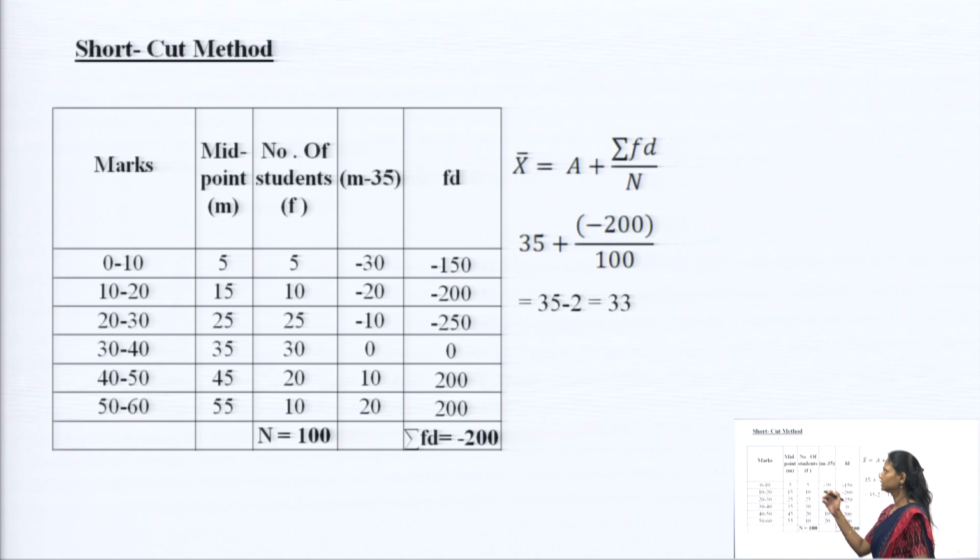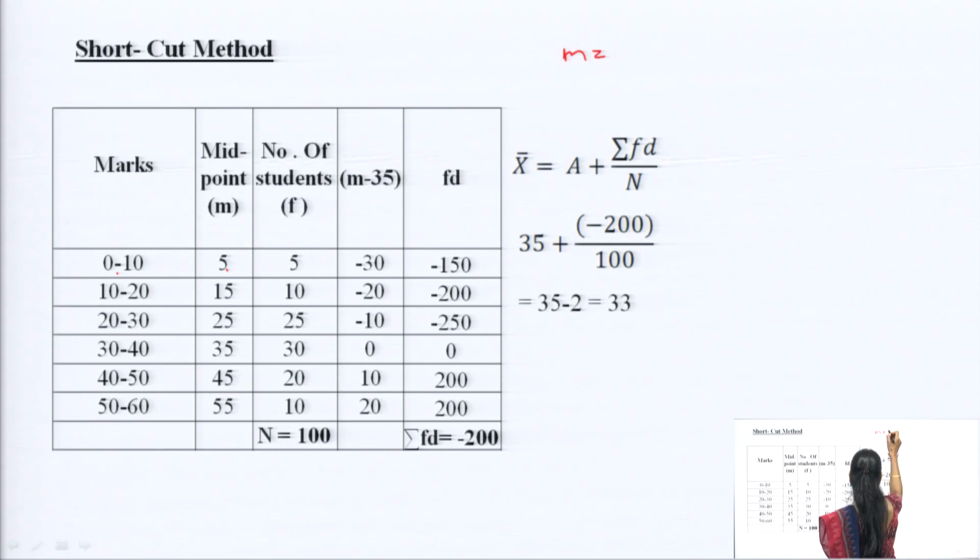Now, for the same question by the shortcut method, with the same data, we will first find the midpoints. 0 plus 10 divided by 2 gives me 5. So this 5 becomes the midpoint.